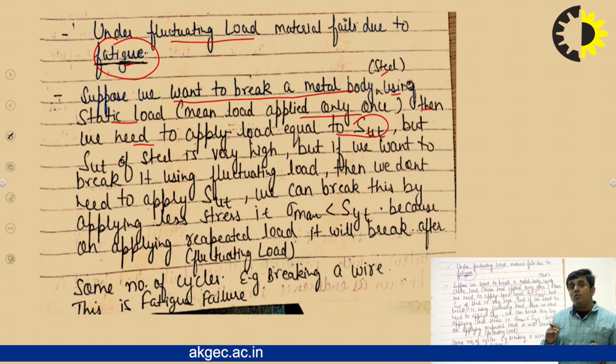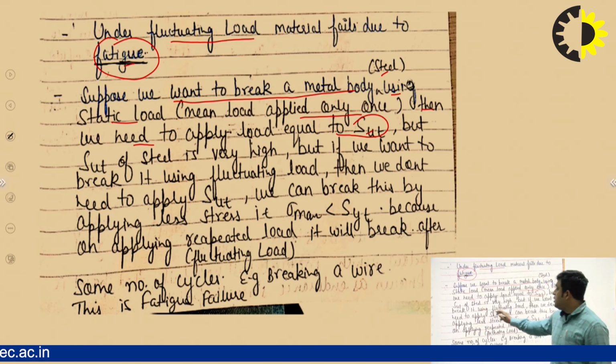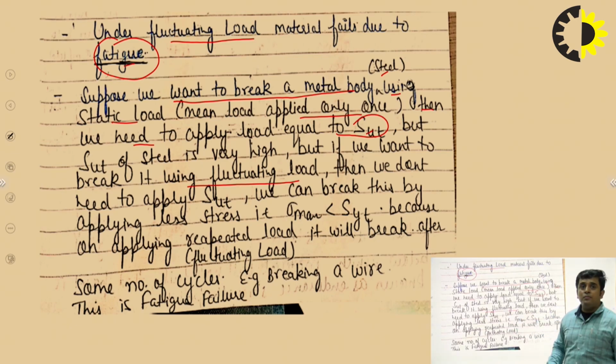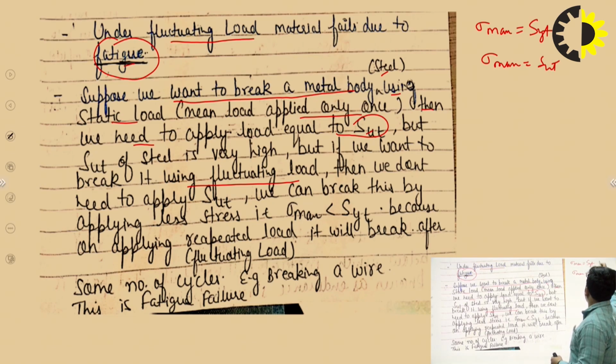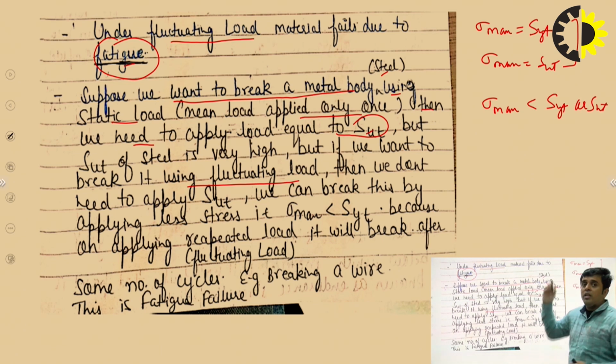It won't be possible for us to apply that high strength at once. What can we do? Still we want to break it. Then we can break it using fluctuating load. We will not apply a load equal to SYT or SUT. For static load, sigma max equals SYT or sigma max equals SUT, but in fluctuating load, we can break it at less than SYT or SUT.